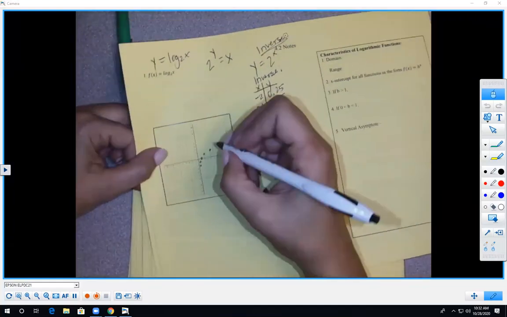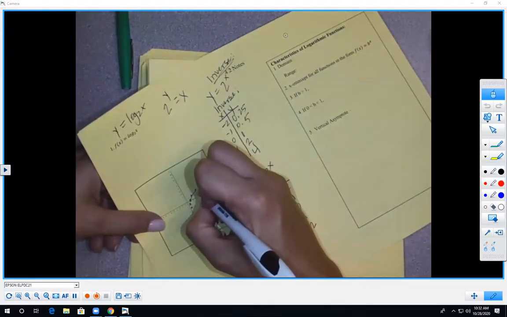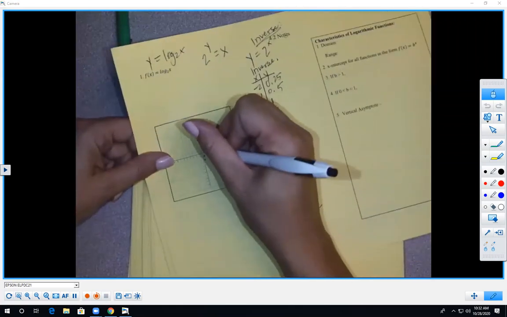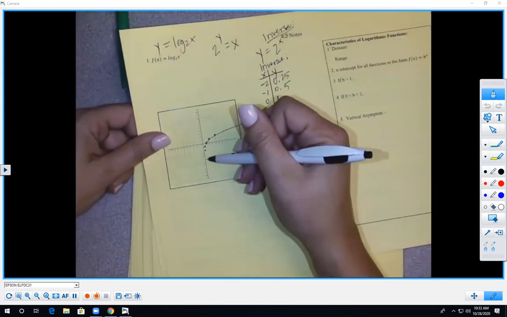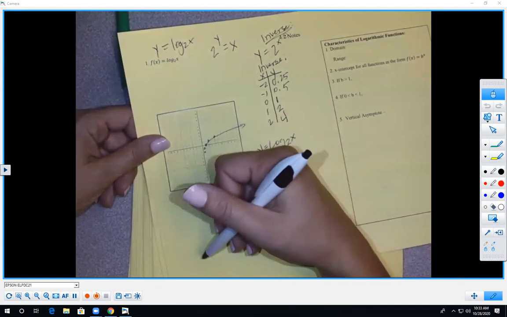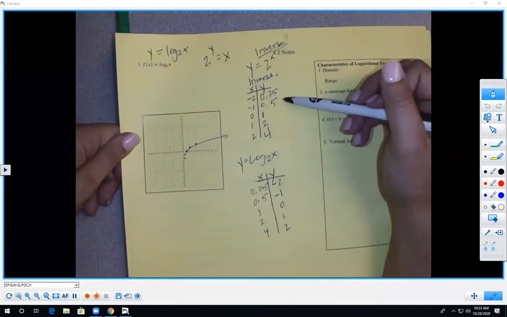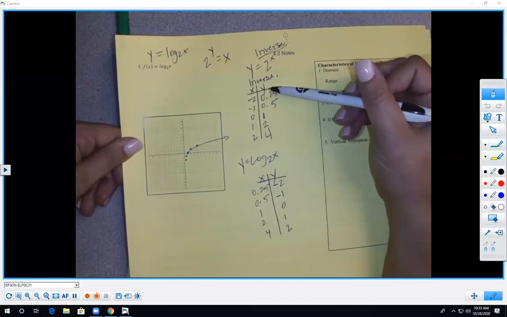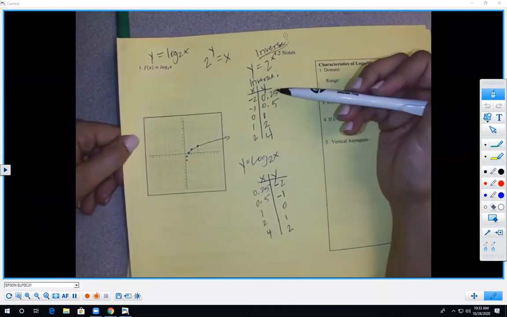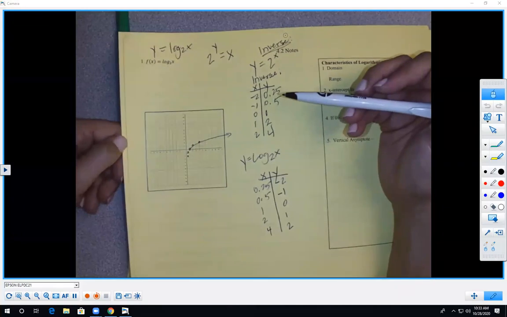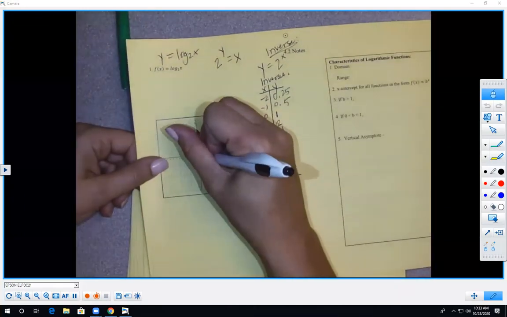And you can kind of see that your graph's going to continue to get bigger this way. And is it ever going to actually touch or cross over the y-axis? No, because if you think about it in exponential form, I'm plugging in bigger negative numbers and just getting a smaller decimal closer to 0. So it's never actually going to cross.